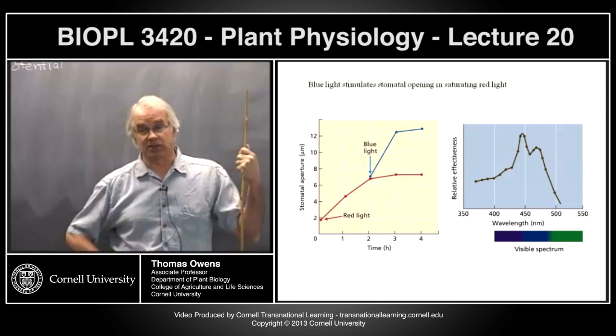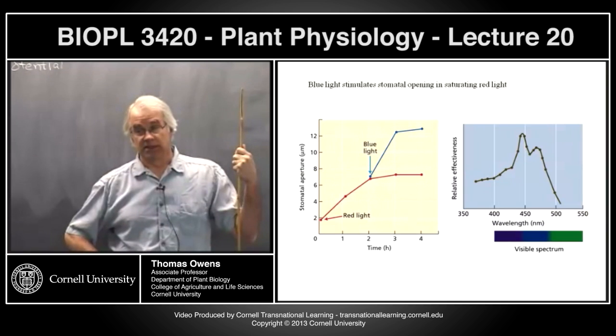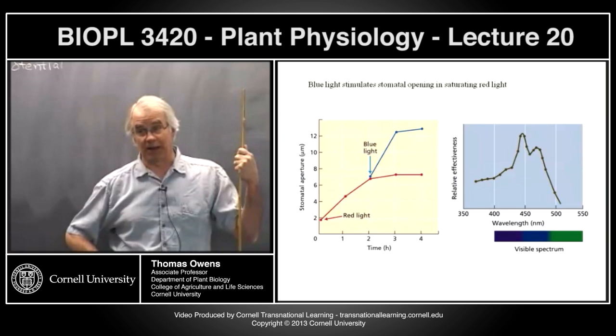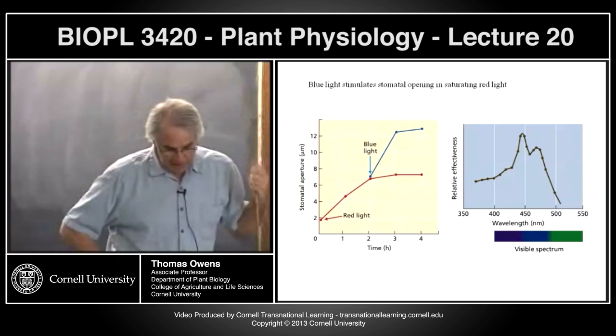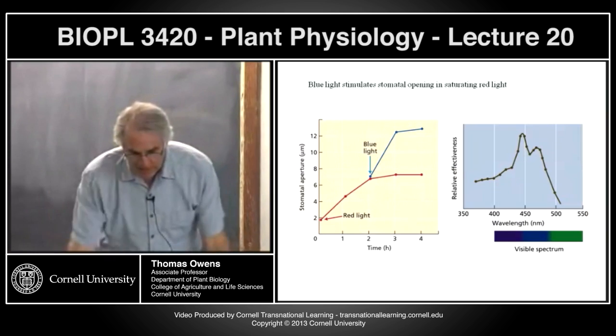So lots and lots of work has been done on blue light effects in stomates to try and sort out what's going on. As we'll see, what's happening in stomates is probably different than what's happening in stem elongation or chloroplast movements or things like that.